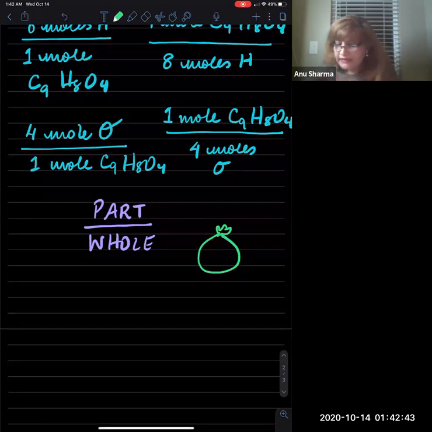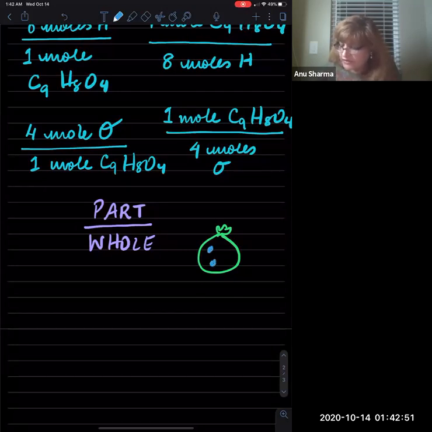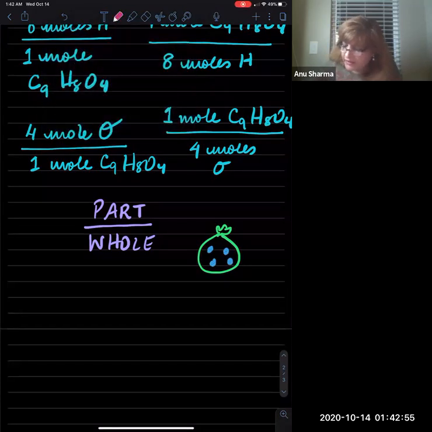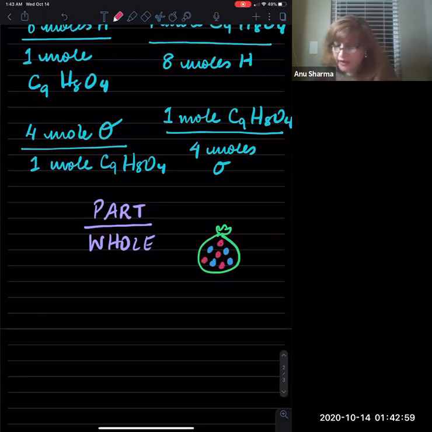And this bag contains candies. So there are some M&Ms, a packet of M&Ms. So these are chocolate candies, blue colored candies, and then there are some red colored candies, and then there are some other candies also, peanut butter.